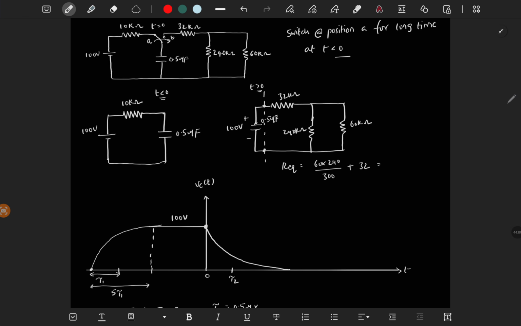So how much will we get? 240 by 5 is 48, plus 32 is 80. So R equivalent is 80 kilo ohm. What is tau 2? It's 80 kilo times 0.5 microfarad.